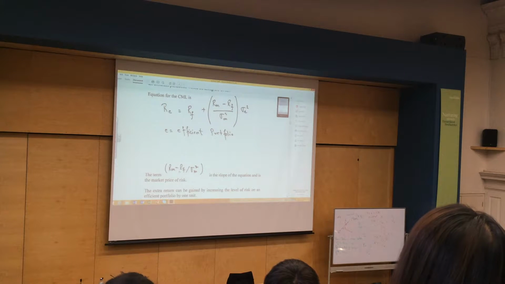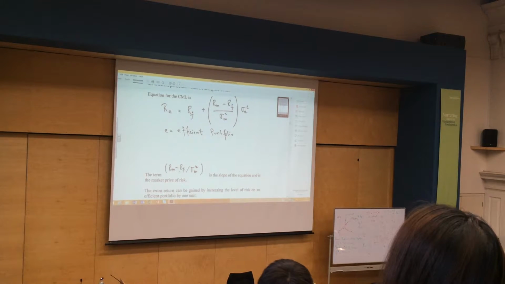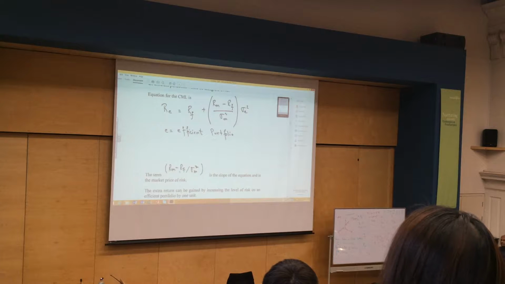If the standard deviation goes up by 5%, how much will the return go up by? We know the return will go up. We know that. But the question is, by how much? Who will decide how much the return goes up by?